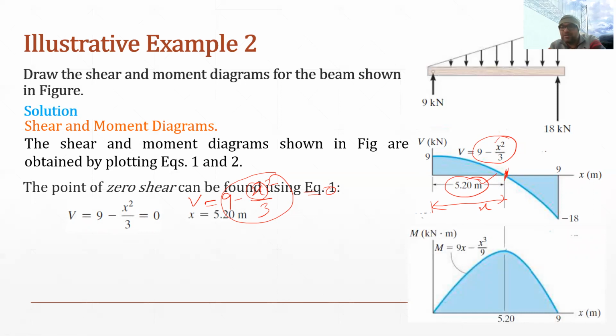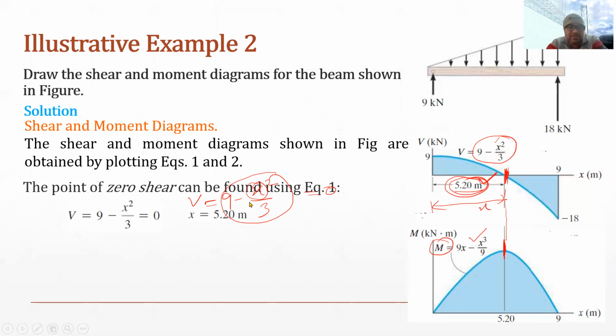Here you can see the bending moment is maximum at this point. When we are asked to find the maximum bending moment, we first find the location where shear force changes sign, find that distance, and put the same value in this equation to get the maximum value of M.